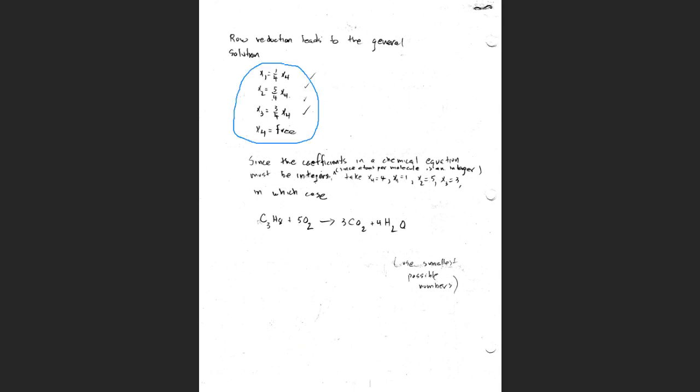And now what we have to do is figure out, well, x4 is a free variable. But since we're doing the chemistry application, we need to have integers for our coefficients. We can't let x4 equal like 2.5. The coefficients x1, x2, x3, and x4 have to be integers because atoms per molecule is an integer.